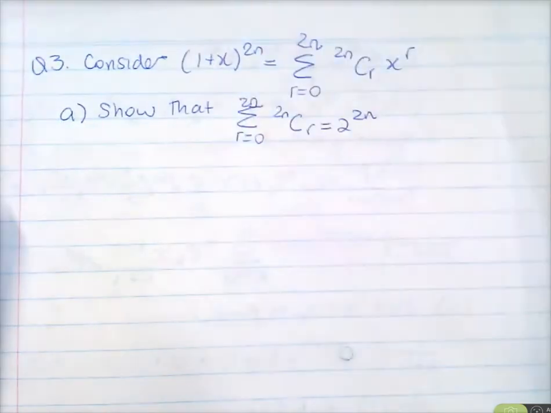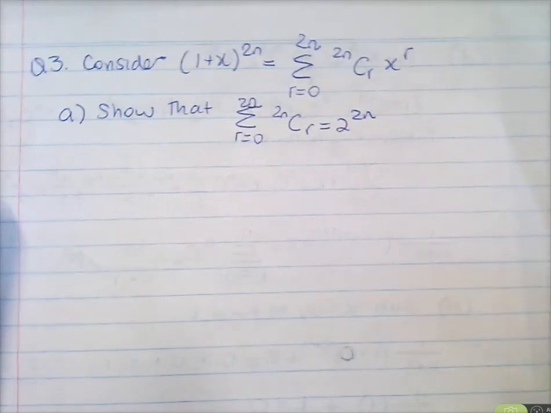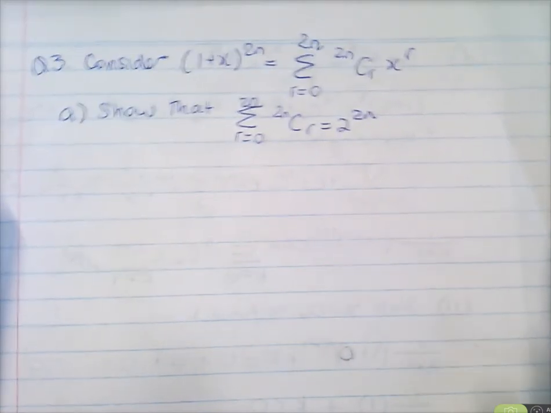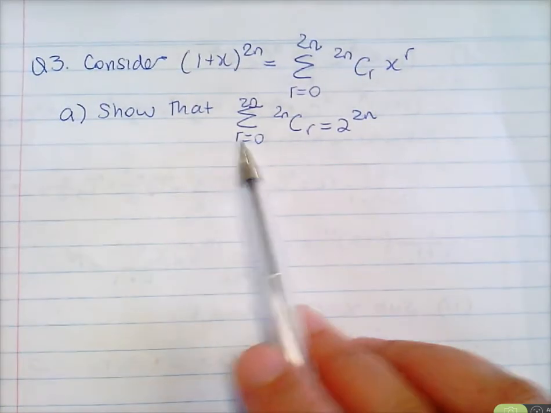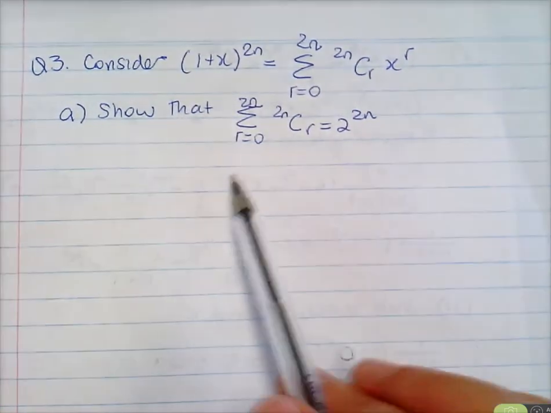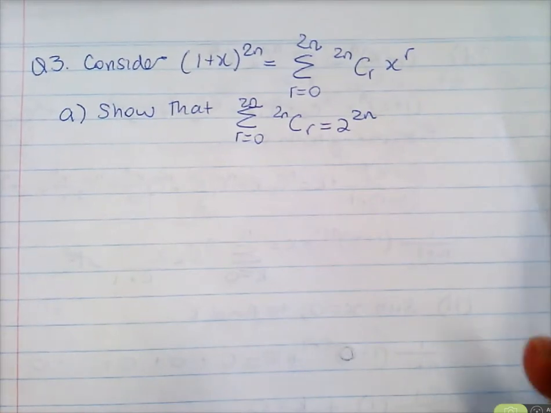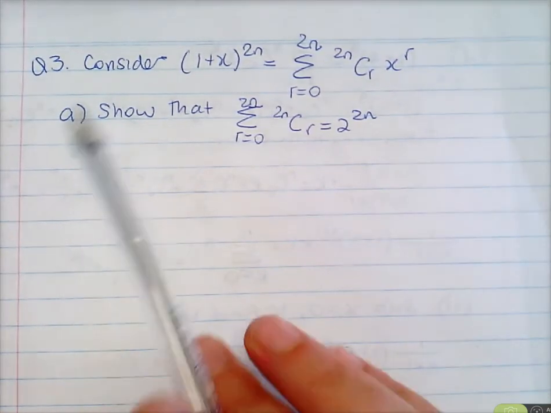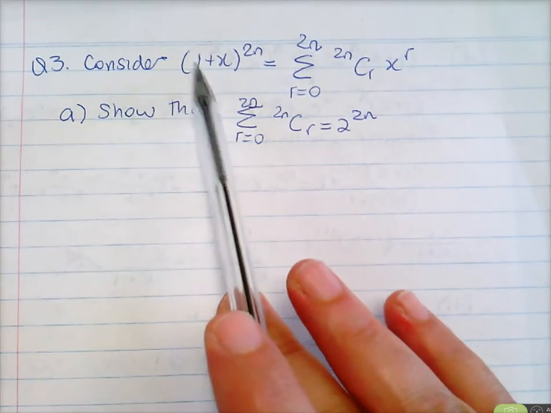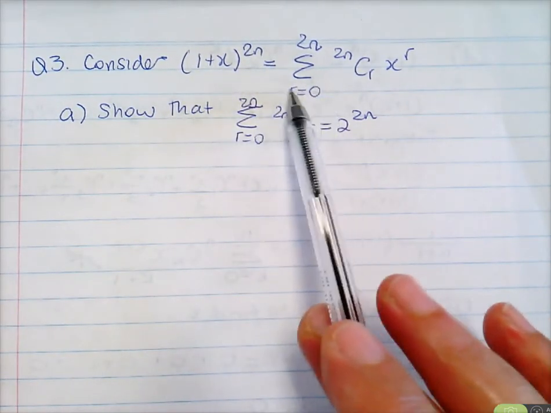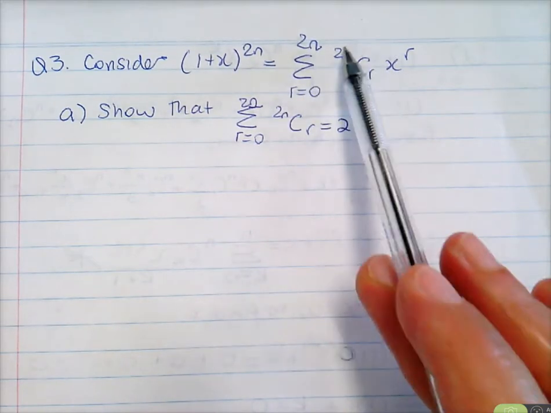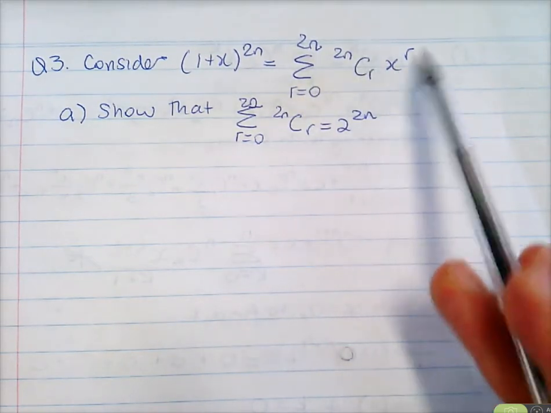Okay, this is question 3. Now it does say this question follows the same steps as question 2, but I don't want to go back and look at those steps. I want you to be able to start deciding what you're going to do in each of these questions. So for question 3 it says consider (1 plus x) to the power of 2n is equal to the sum of all terms from r is 0 to 2n of 2nCr x to the r.